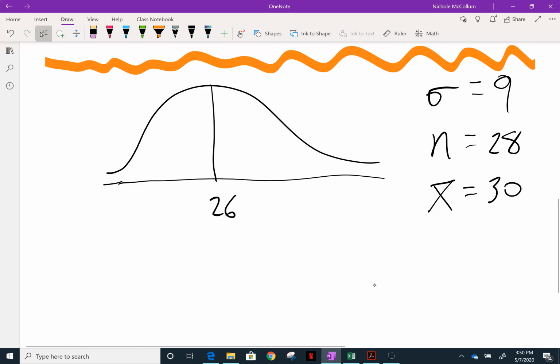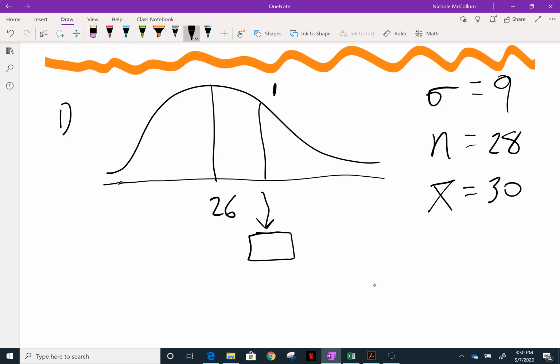So how can I build a picture? Because step one in all these questions is always to draw a quick picture. Here is the key when you're dealing with samples. And understand, this is a sample. You have 28 users. That is a sample. So what samples do is they change how I draw my picture.